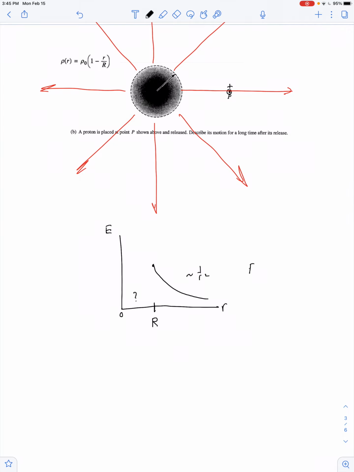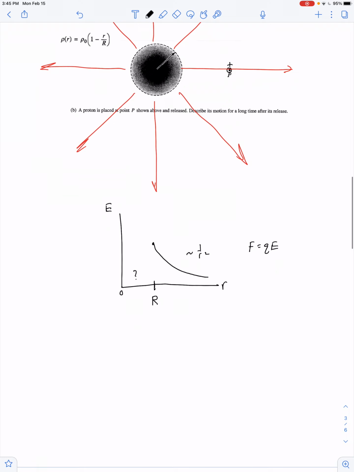And then force is equal to qE, so a graph of the force acting on the proton would have the exact same shape. And then again, acceleration is equal to force divided by mass. So really, we could say this is not only the shape of the graph for the electric field, it's also the shape of the graph for the force on the proton, and it's also the shape of the graph for the acceleration.